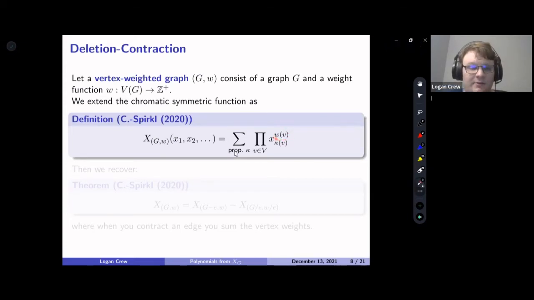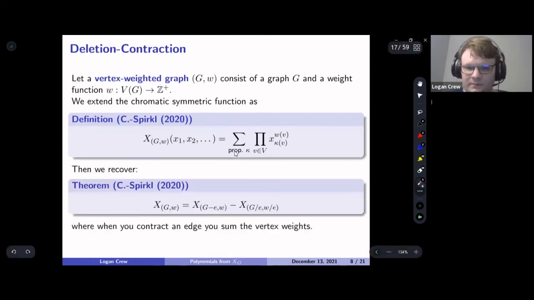So now we're not counting the number of vertices of each color, but the total weight of all vertices with a given color. But if we do that, then we can recover a deletion-contraction relation. It's exactly the same as for the chromatic polynomial, with the addendum that when we contract an edge, we take as the weight of the new vertex the sum of the weights of the endpoints.